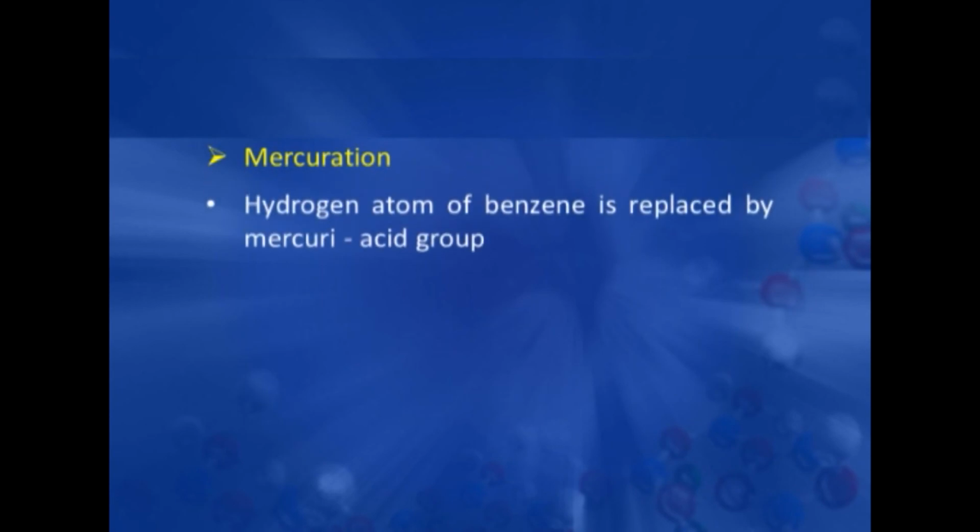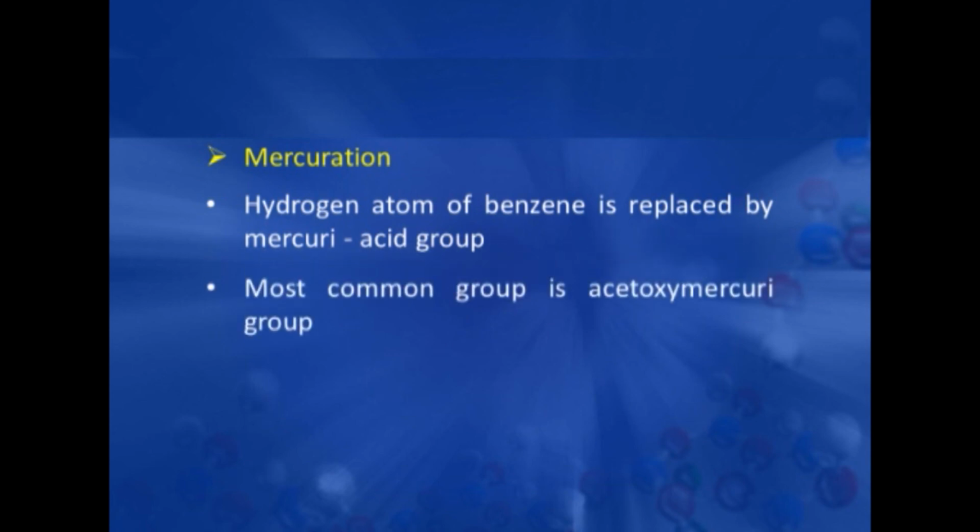Now, we have discussed in the last lecture electrophilic substitution in benzene, and we are left with mercuration. When one hydrogen of benzene is replaced by a mercury group, that is known as mercuration, and the most common group is the acetoxy mercury group.